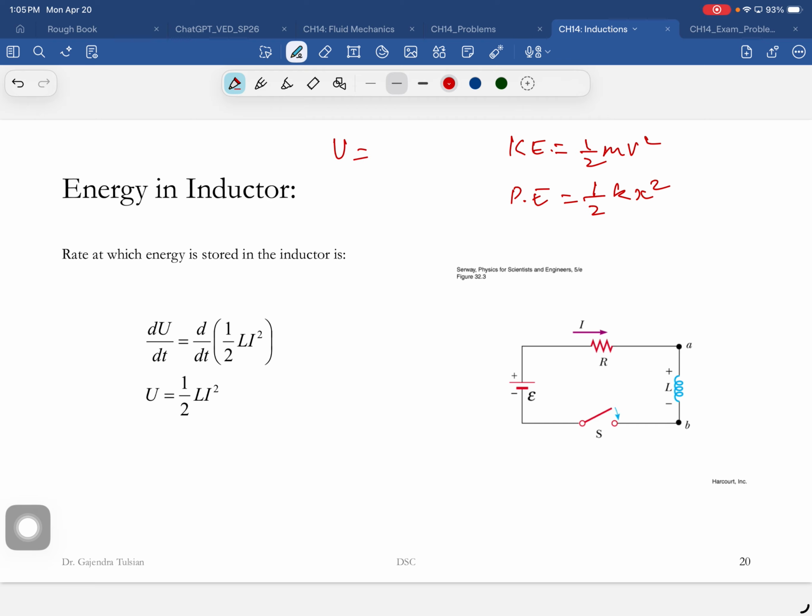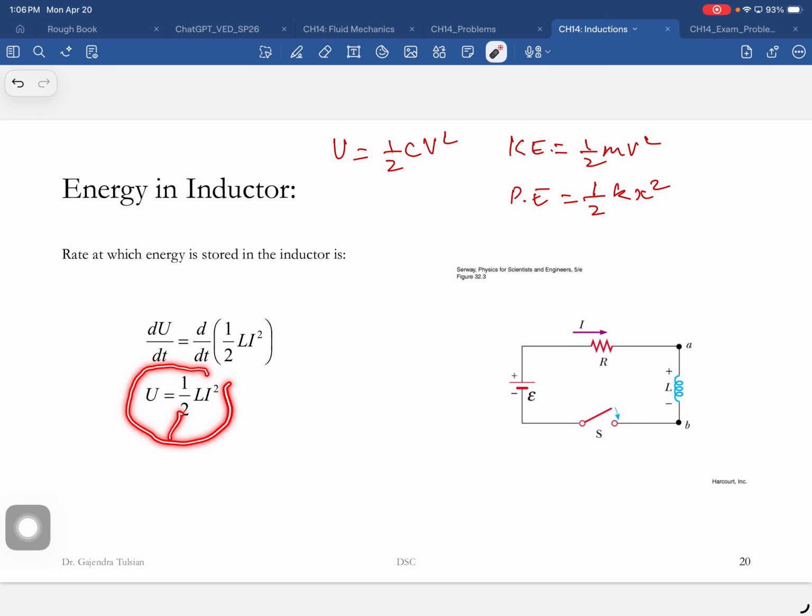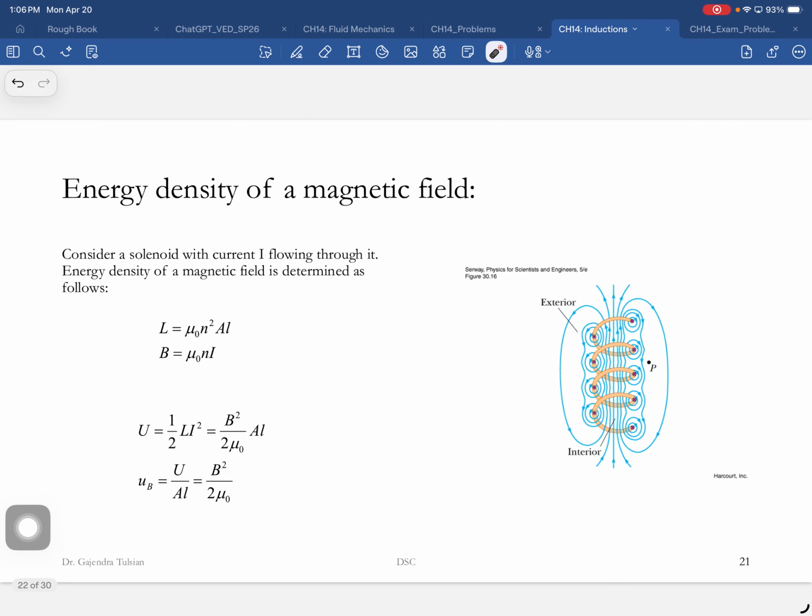Energy stored in a capacitor was 1/2 CV squared. Okay, so just like that, here energy stored in an inductor is 1/2 Li squared. Okay, and in a second we'll show that this energy stored is in the form of a magnetic field.